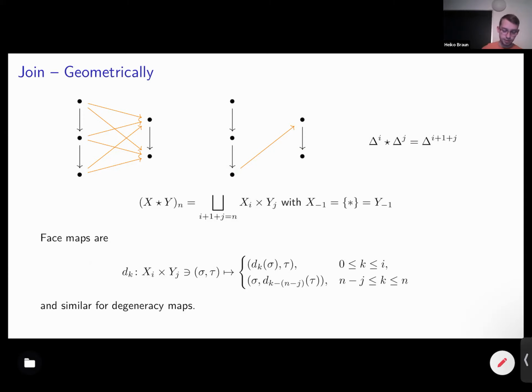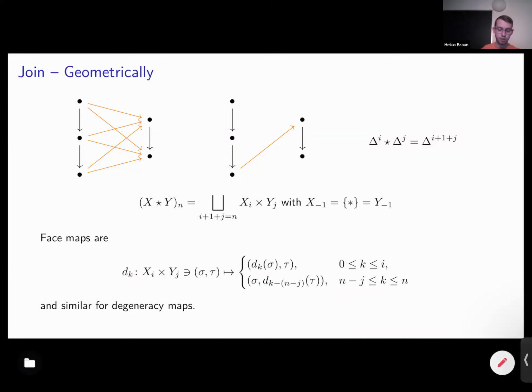You can also give the face maps, which work depending on k, whether it is in the first part of the simplex or in the last part of the simplex. Then we just apply the ordinary face map to the first part or the last part, depending on where it is, and we have to index correctly such that everything works as expected.